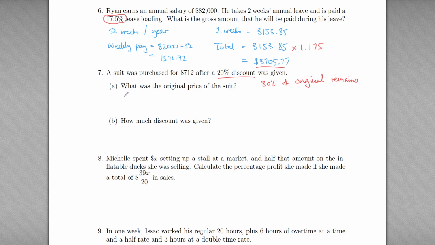It's like this is the final price after we took 80%, so 0.8 of whatever this original price, which I'll call P, okay, whatever that was. Okay, so to recover what this P is, I have to undo this, which means I have to divide by 0.8. So 712 divided by 0.8, which is equal to $890.